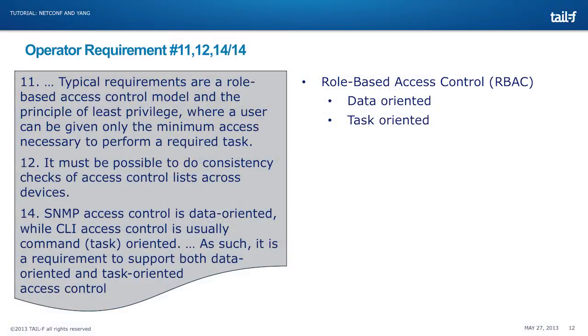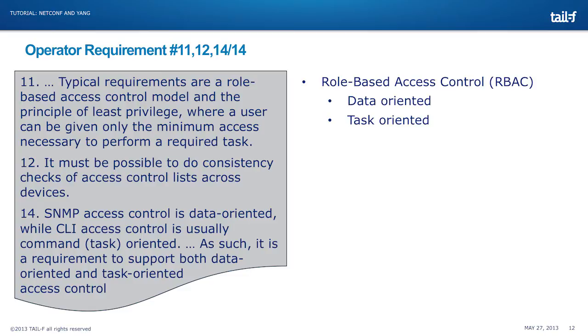Finally, things such as role-based access control were important, not just user-level access control, but role-based. Is this an administrator of this box? Is this an operator? Is this a field tech? Being able to define roles and do access control based on the roles was identified as a requirement.